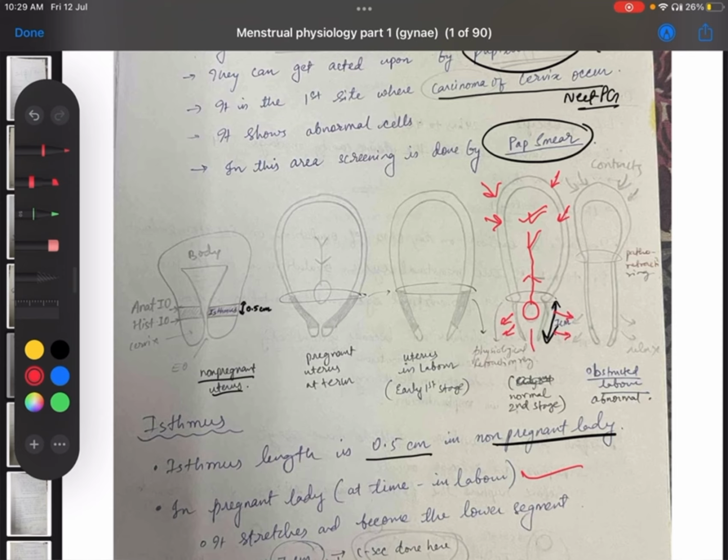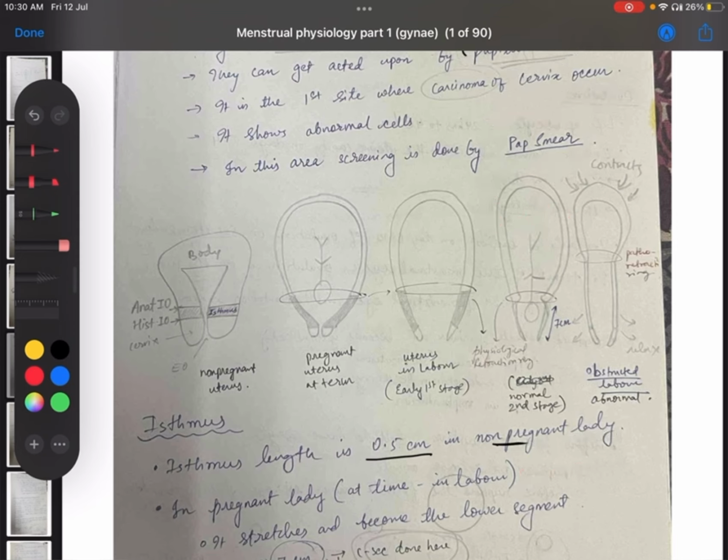As a result, the baby can come out easily. The isthmus was 0.5 centimeter and it's getting converted into 7 centimeter. You can see the changes.